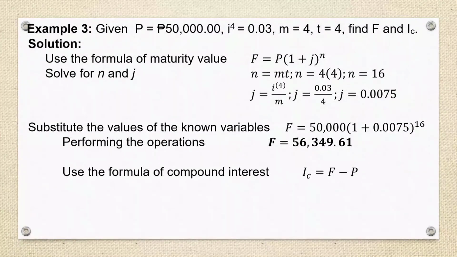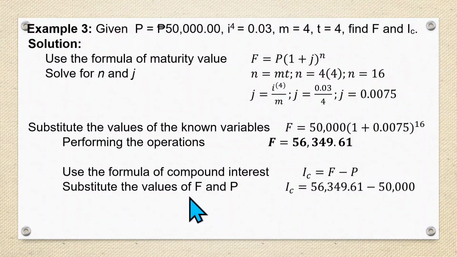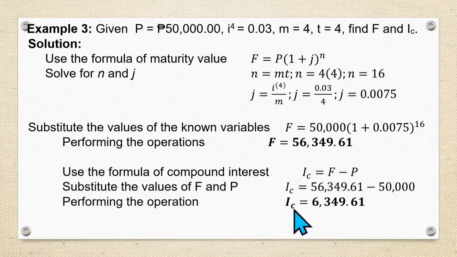So in finding the compound interest, future value minus the present value. So substitute the values of F and P. 56,349.61, which is the F, minus the 50,000, which is the P. And then we will have the compound interest of 6,349.61.